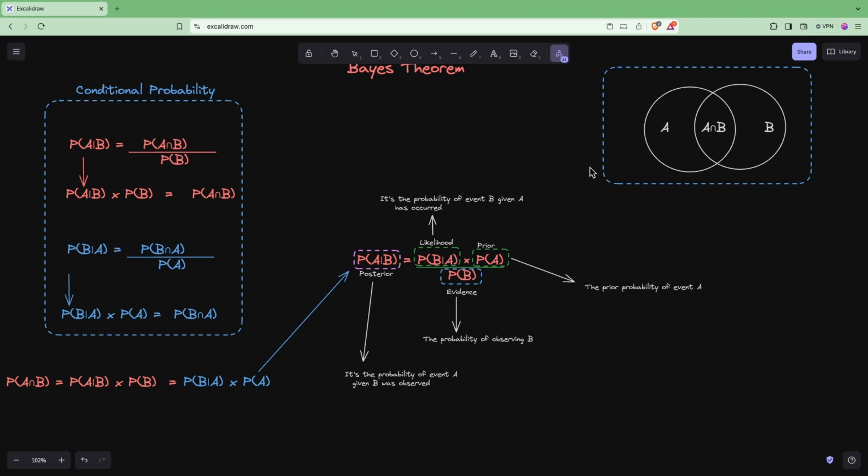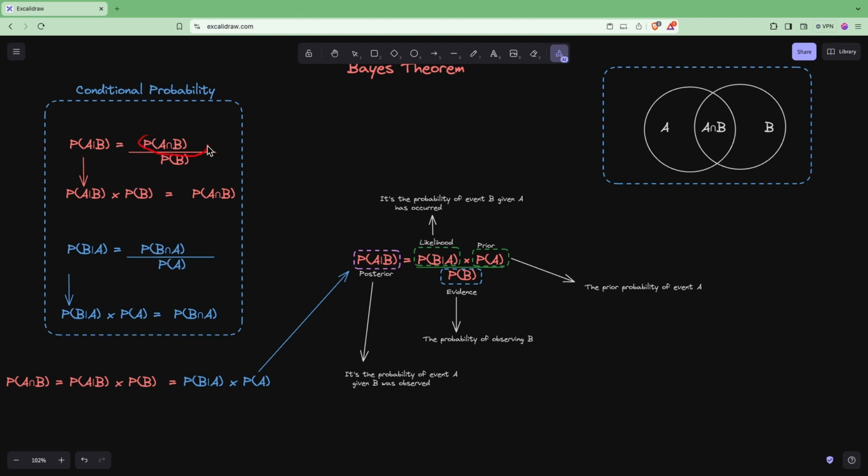Now if we look very closely, this place is always the same. The intersection between A and B is always the same. So we can conclude that the probability of A intersection B and the probability of B intersection A are the same.